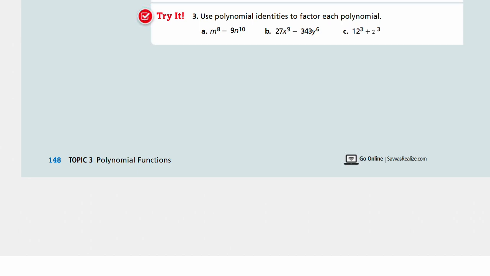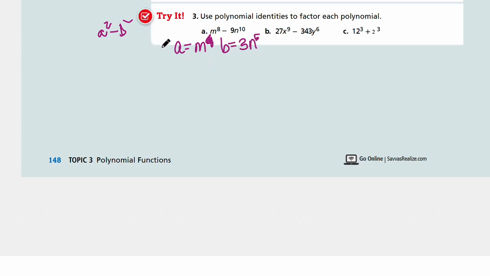We can write them as squares. Cubes don't really work here because of the powers, right? So we can say that A is m to the 4th power, because if we square that, that would be m to the 8th power. So a squared minus b squared is the form that we are looking at. B could be 3n to the 5th power, right?